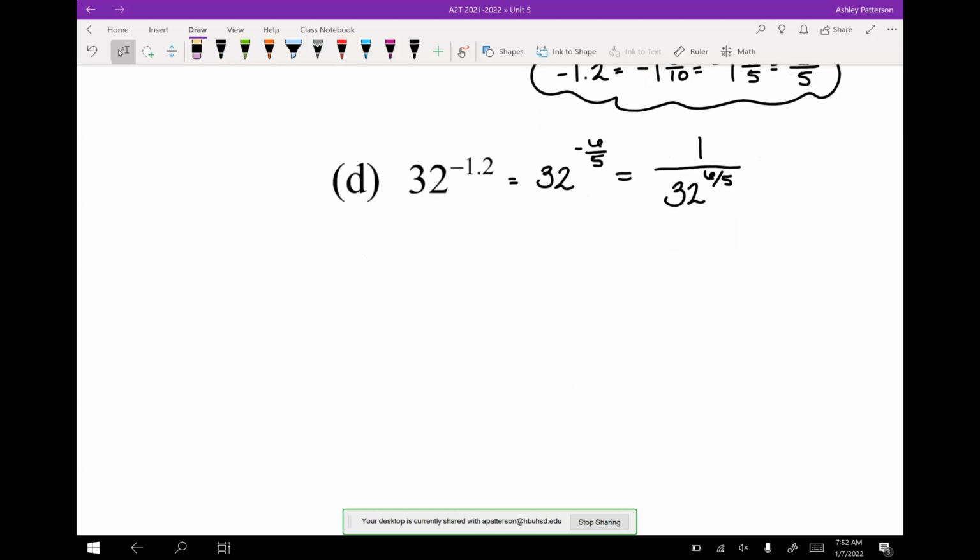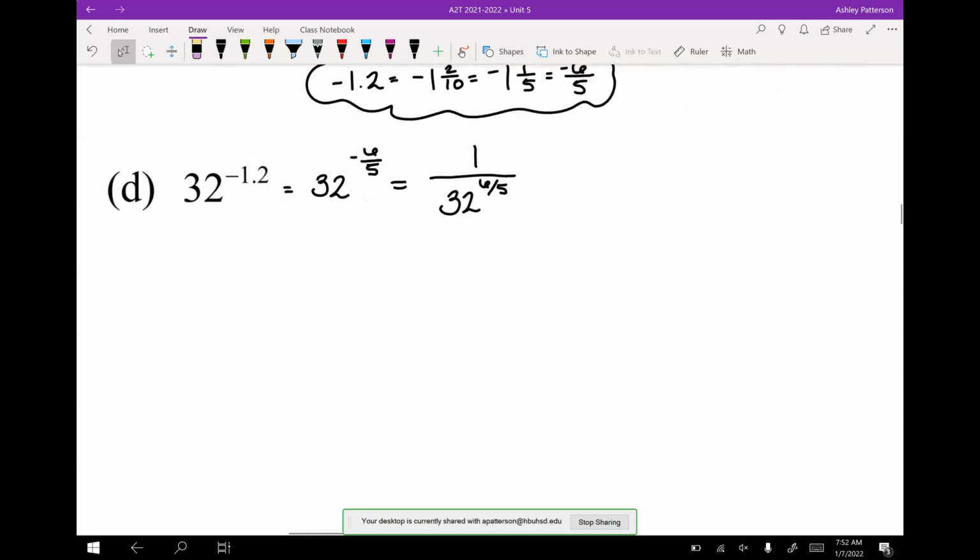Thank you. So we have options, everyone. We could write this as 1 over the 5th root of 32 to the 6th power, or 1 over the 5th root of 32 with that answer raised to the 6th power.